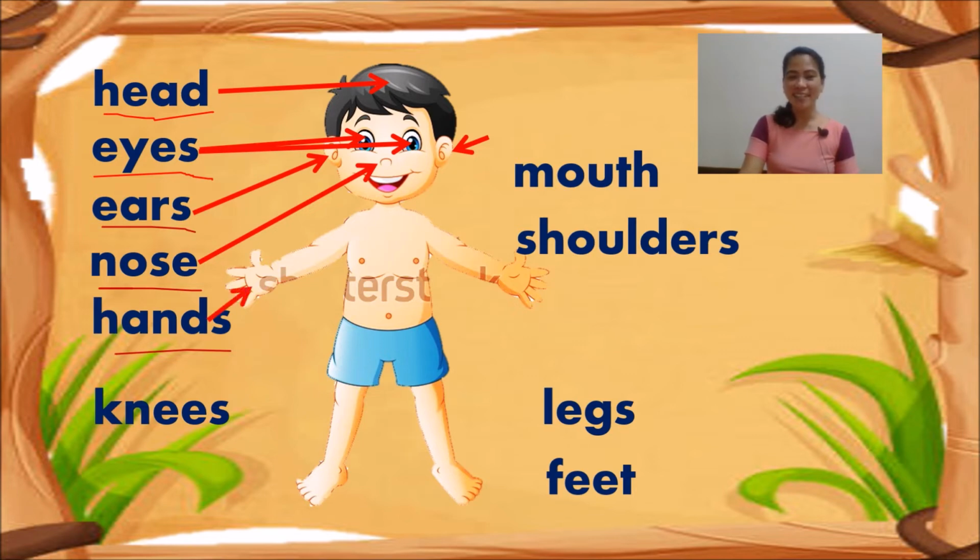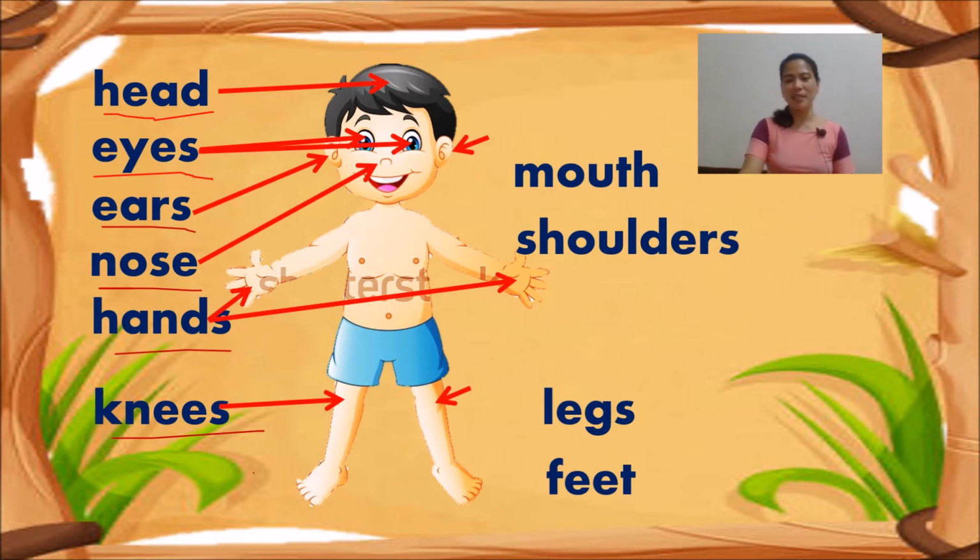We have 1 and then we have 2. Okay, so the two hands. How about the knees? Point the knees. One, okay, where is it? Let's point it. One and two on the other side of the body.